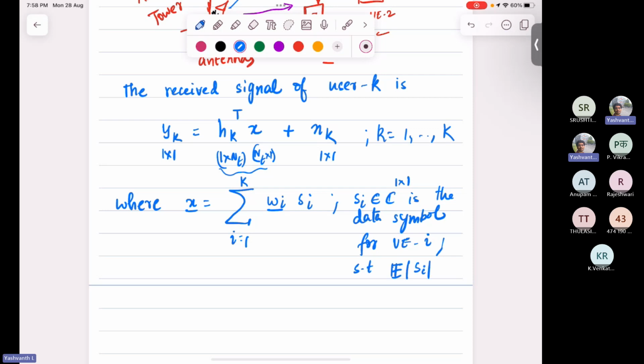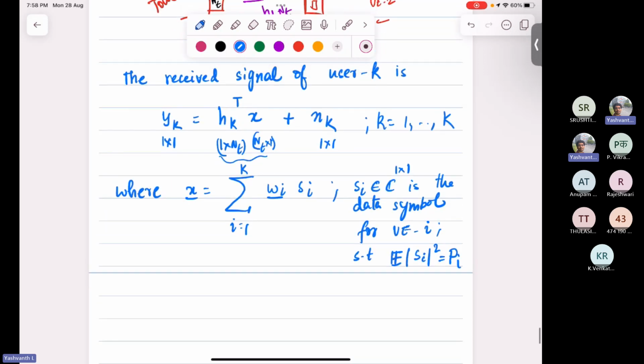The average power is by expectation, and power is by taking the square of the magnitude of the symbol, which is equal to some pi, the power intended for this particular user.